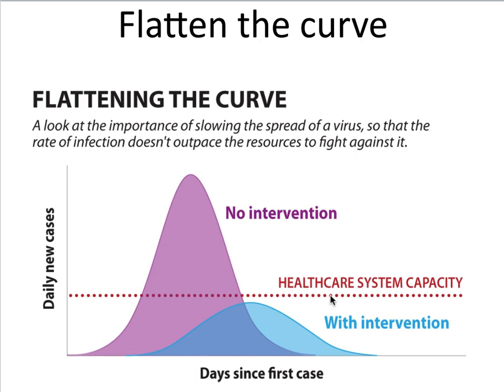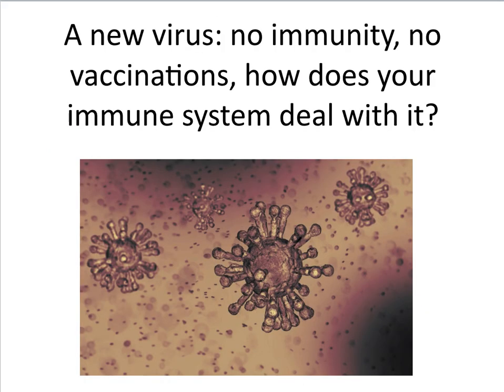So that's why the country now is in lockdown, to prevent the rapid spread of the disease. So the number of cases will be more spread out, and we'll still be able to care for everybody when they do get seriously ill. And this has been named Flatten the Curve.